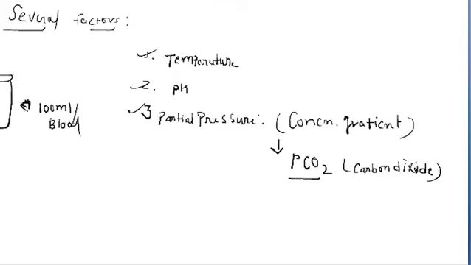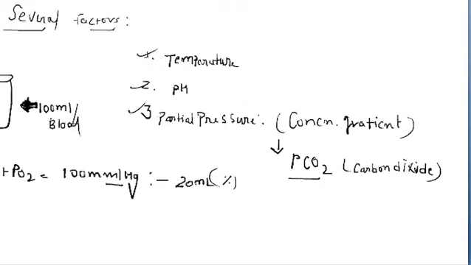At a pressure of oxygen of 100 mm Hg, remember, we are talking about a healthy person, in this case 20 ml. This is the percent value. The whole blood is 100%. We are taking only 100 ml, so 20 ml.